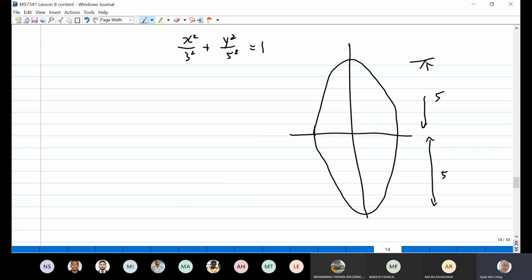So a equal 5 there. And then b equal 3 here. The center is 0, 0. So this is 3 here, and this is 5 here.